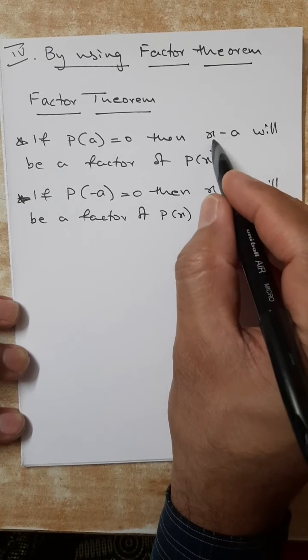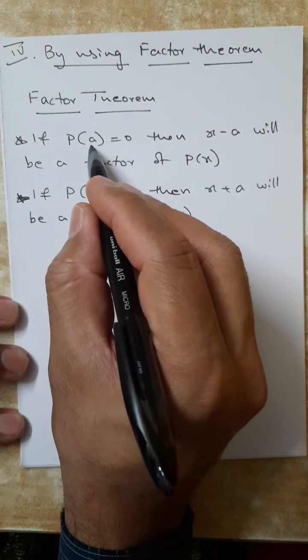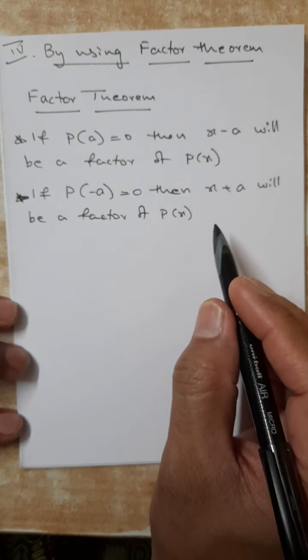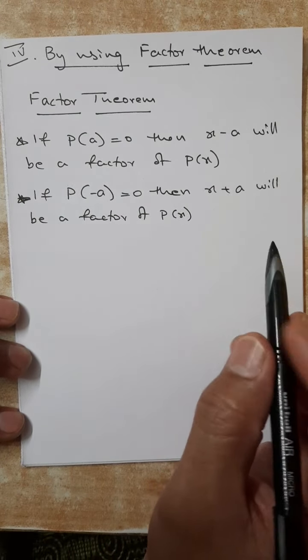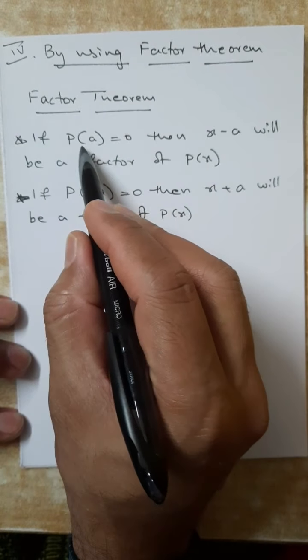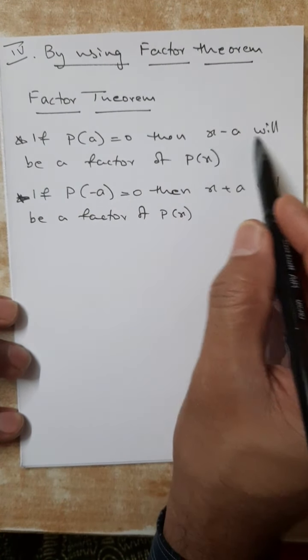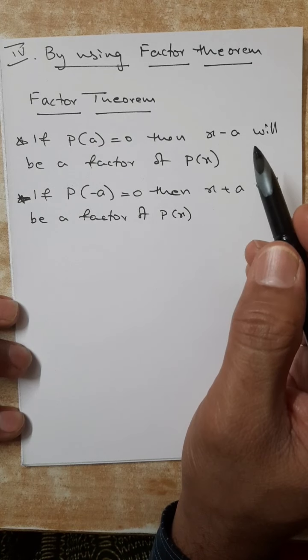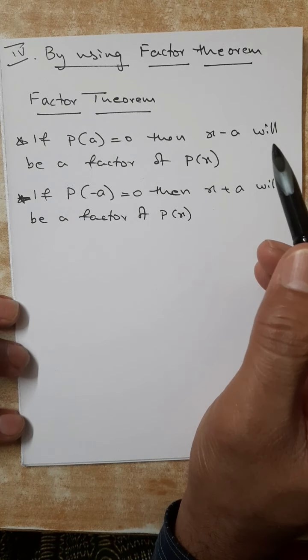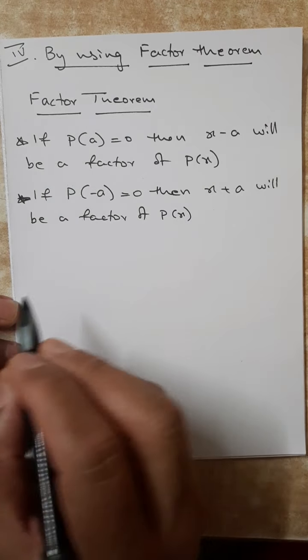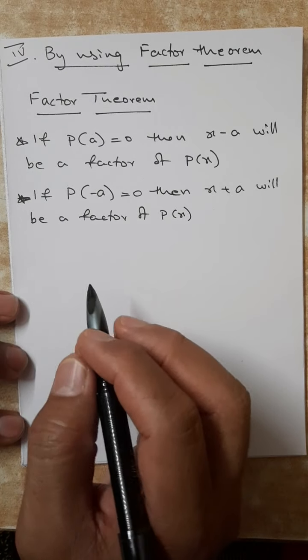When I divide with x minus a, the remainder will be p of a. So there is some connection between remainder theorem and factor theorem. Now with the help of an example, I will explain this.